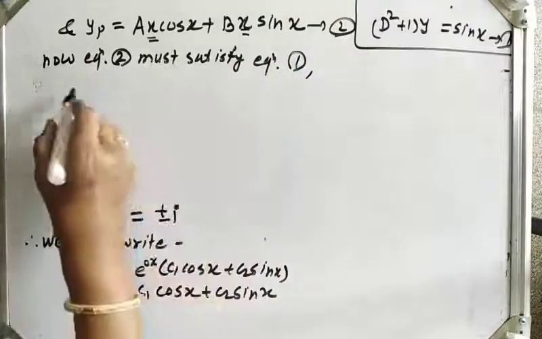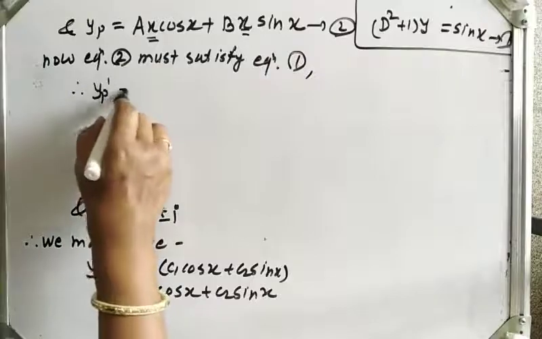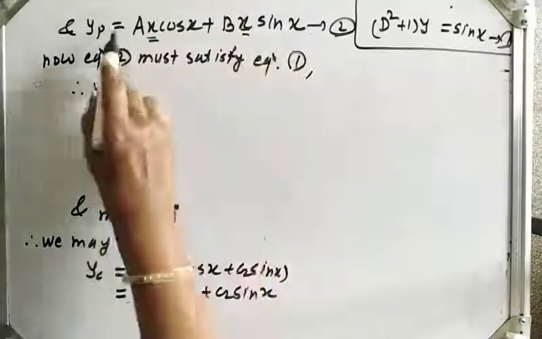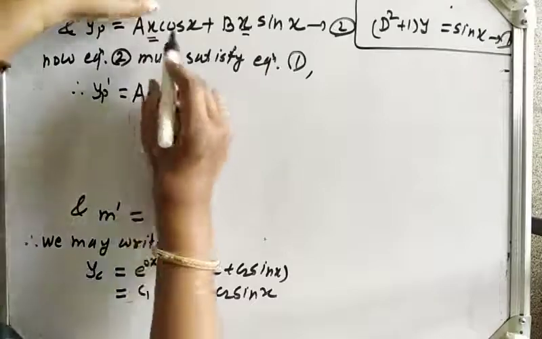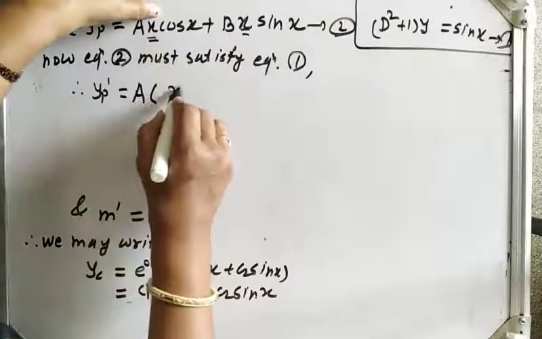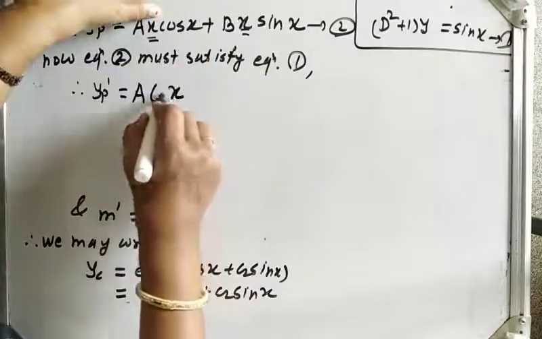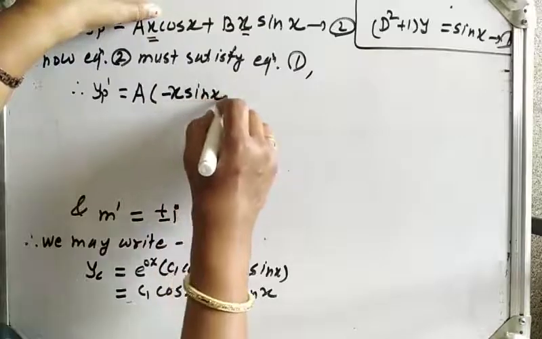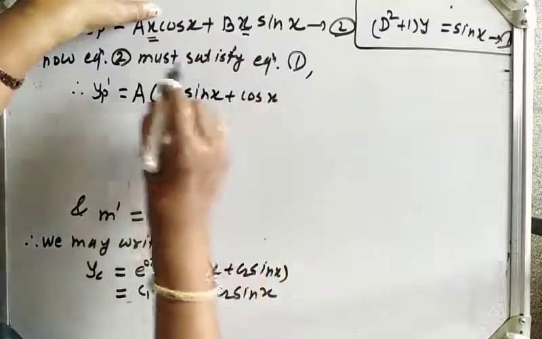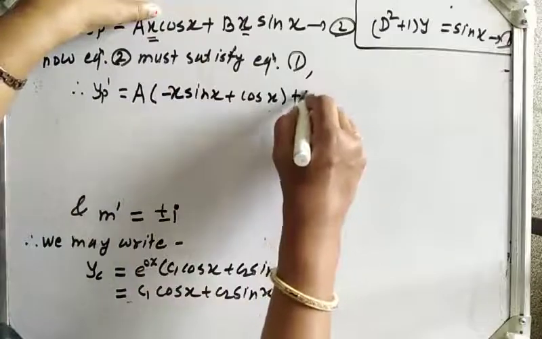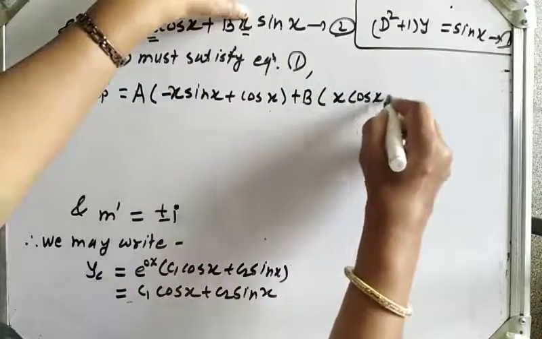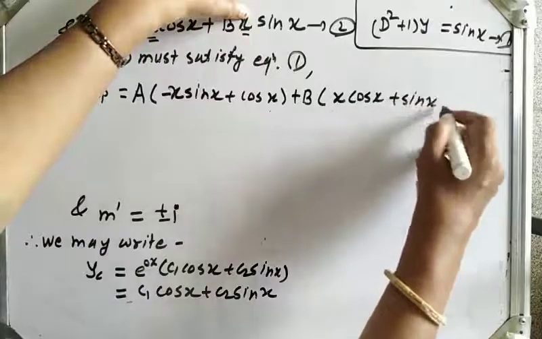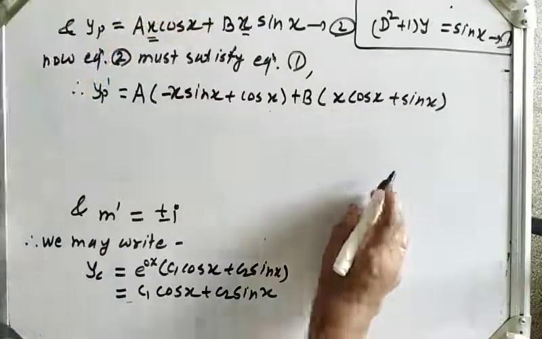Therefore yp dash is equal to, take its derivative with respect to x, so that will be a constant in bracket, use the u into v rule: x as it is, derivative of cos x is minus sin x, plus cos x as it is, derivative of x is 1, plus b x as it is, derivative of sin x is cos x, plus sin x as it is, derivative of x is 1.